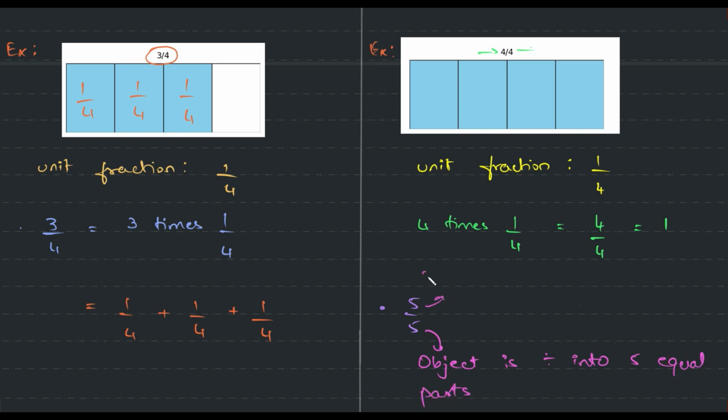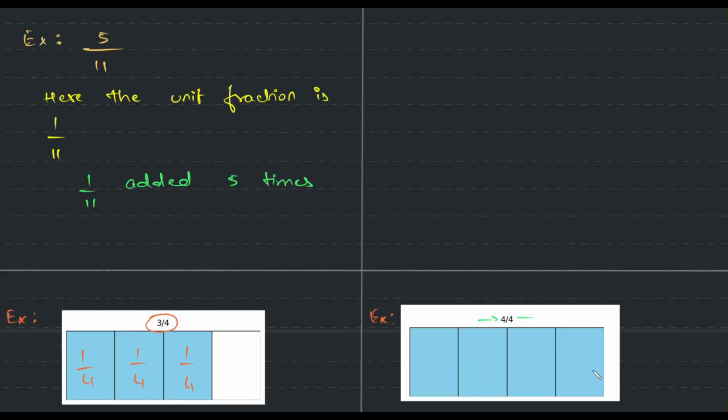And this is selection of 5 parts. And this in turn will give us 1. This is nothing but entire object selected. So that's that, right?